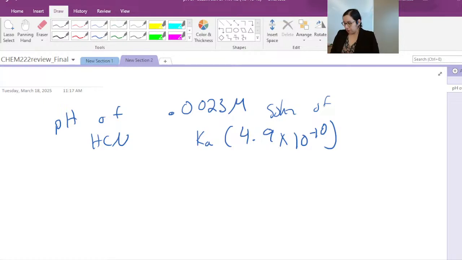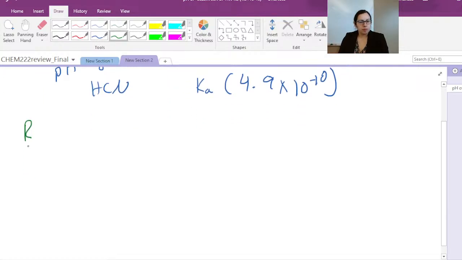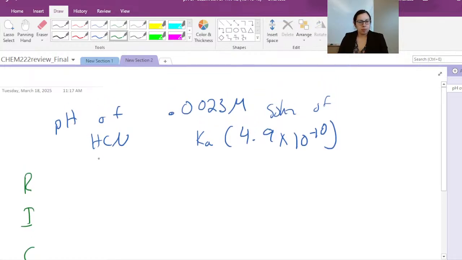All right, how's our pH problem going? So how should we approach this? It's more or less the same approach, except you're going to create your own equation to use by putting the acid on the left side and then having its dissociated parts in solution on the right side.